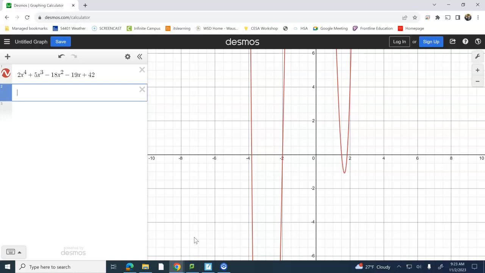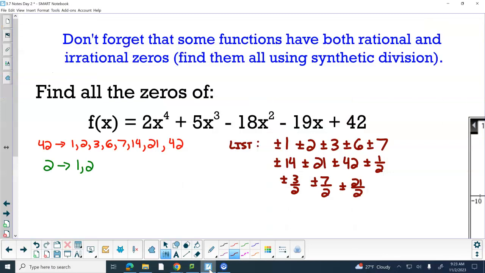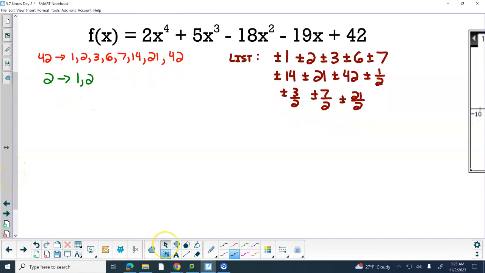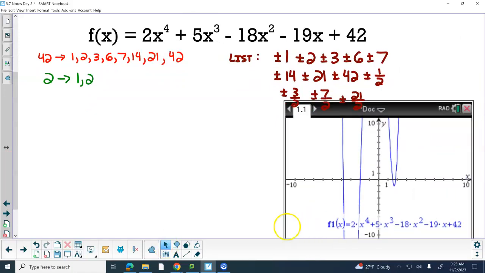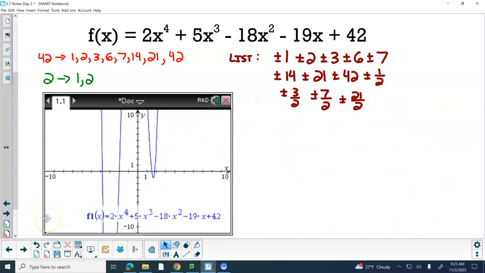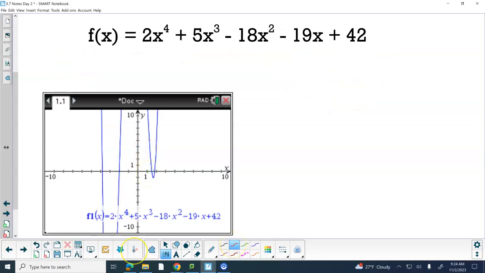Okay? So let's go back in here. So from our graph that you guys did in Desmos, or that I did right here with my graphing calculator, it said that this is -2 and it is a 0.